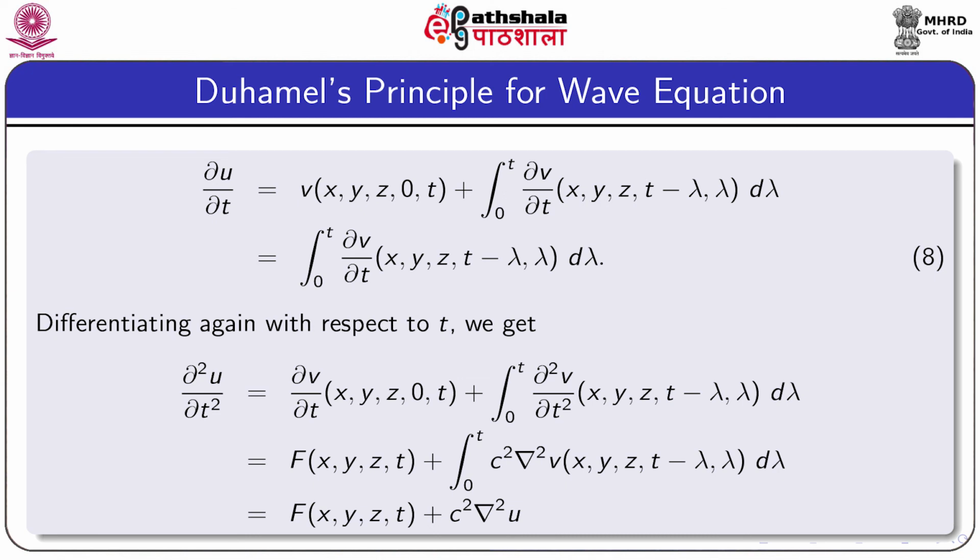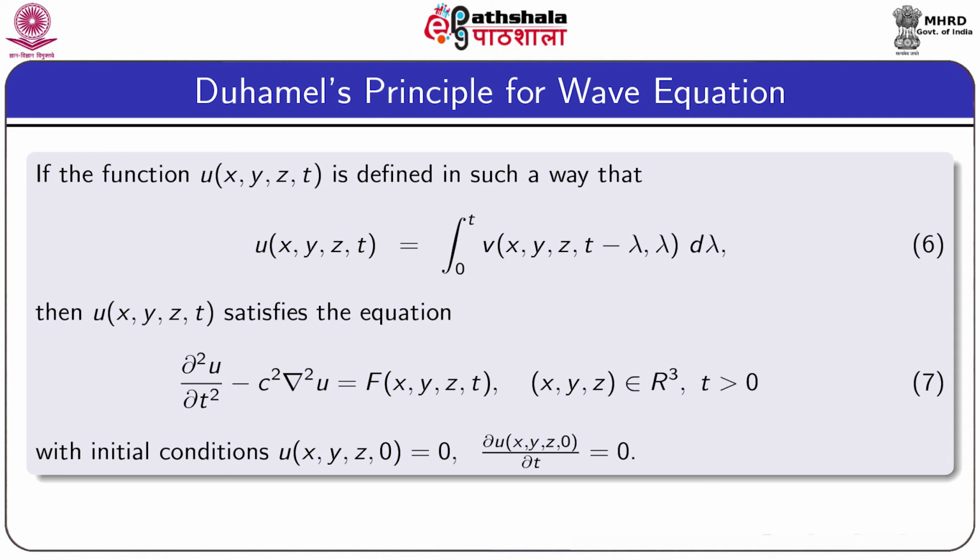So, it becomes c square Laplace square operating on integration 0 to t v(x, y, z, t minus lambda, lambda) d lambda. That is nothing but u. So, in the next line we can write it as f(x, y, z, t) plus c square Laplace square u.